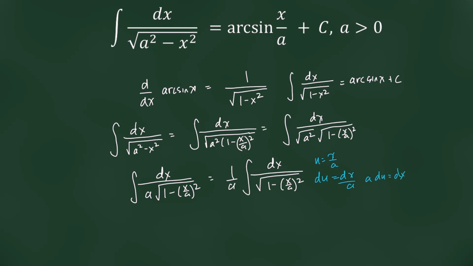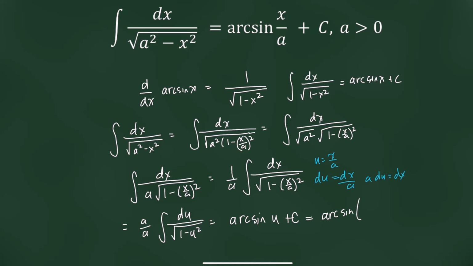And if you were wondering why there was no 1 over a in this one, here's why. When we replace dx with a du, we can bring the a out front and we have a over a, which is just 1, and then du over the square root of 1 minus u squared, which just becomes the arcsine of u plus a constant, which is the arcsine back substituting of x over a plus a constant.